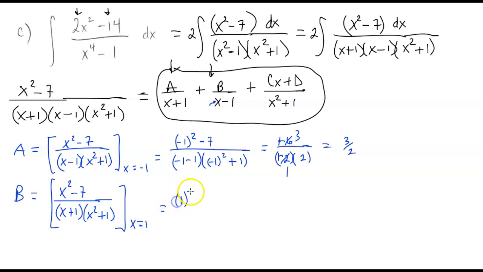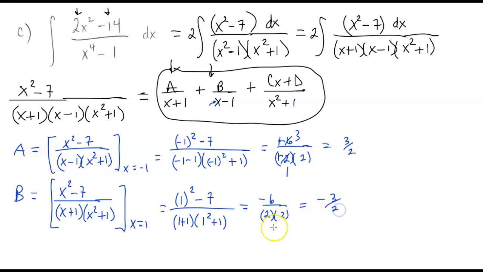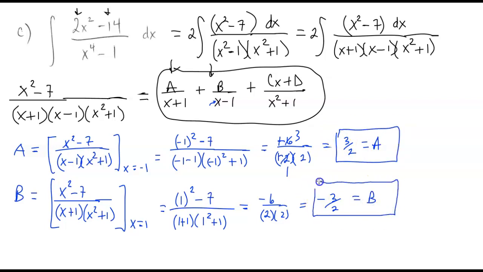Again, we just plug in 1 and figure out the corresponding answer. In this case, we end up with a -6 divided by 2 times 2, which ends up being -3/2. So you see here that A is 3/2 and B is -3/2.